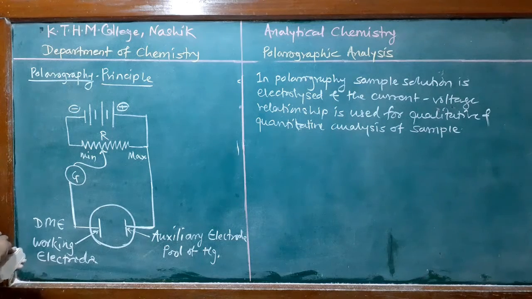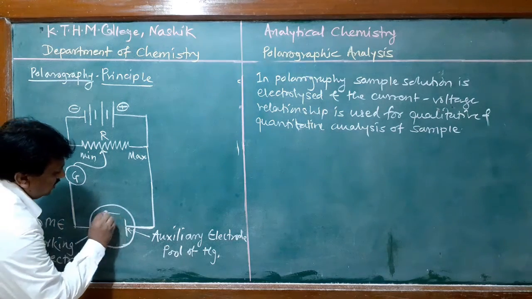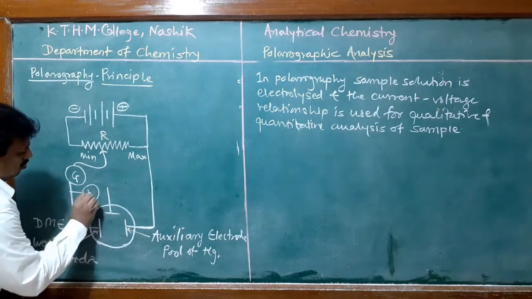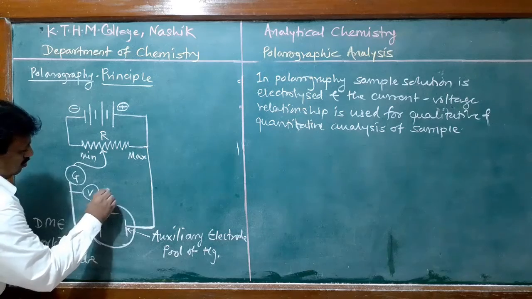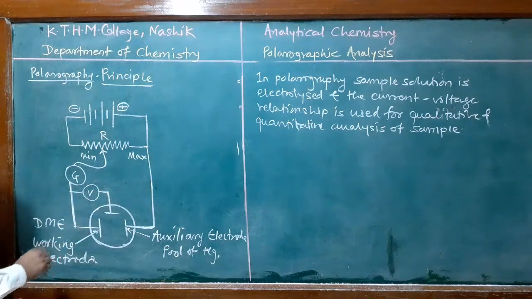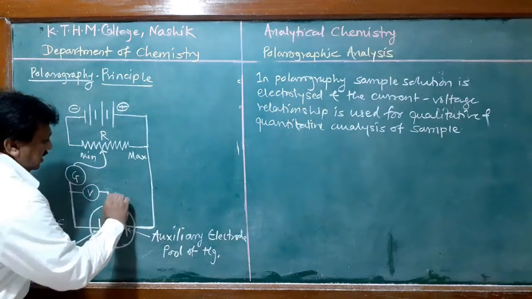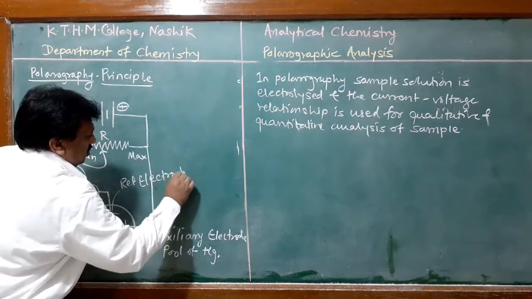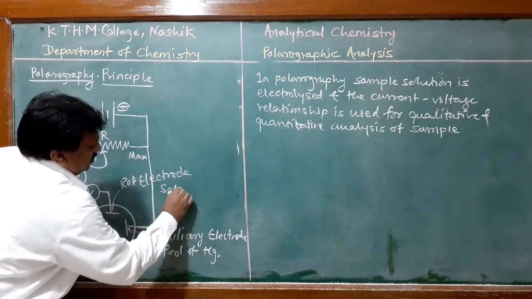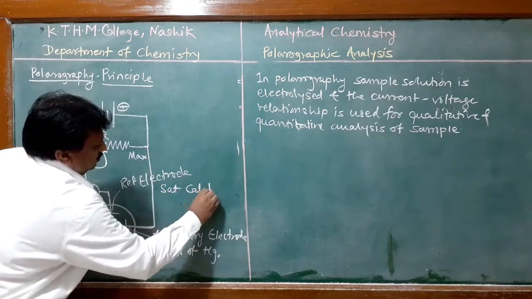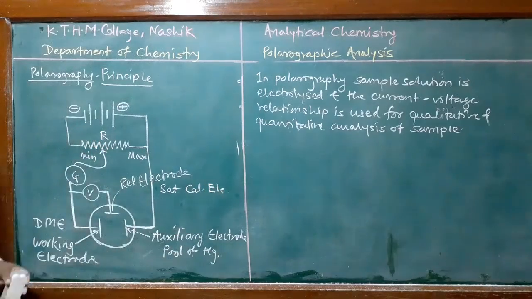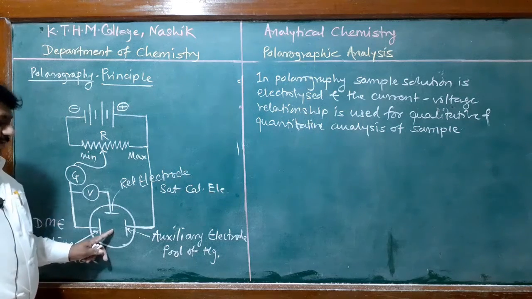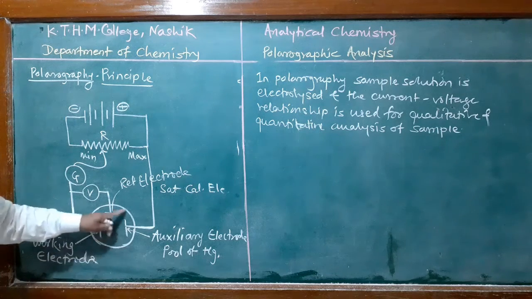And if there is a requirement of measurement of the potential of a working electrode, then this is a reference electrode, and the reference electrode may be a saturated calomel electrode. Therefore, this is a diagram that represents the apparatus of polarographic analysis.